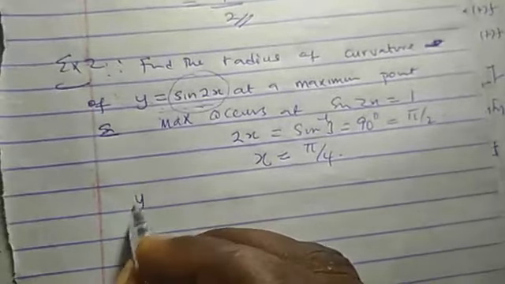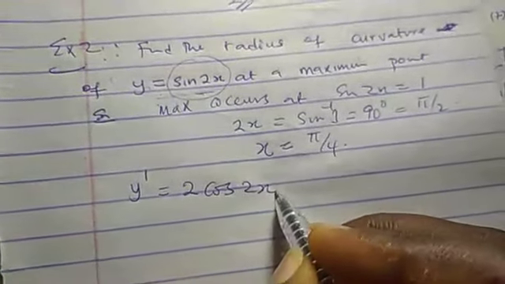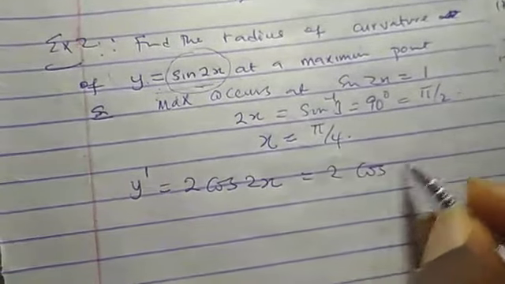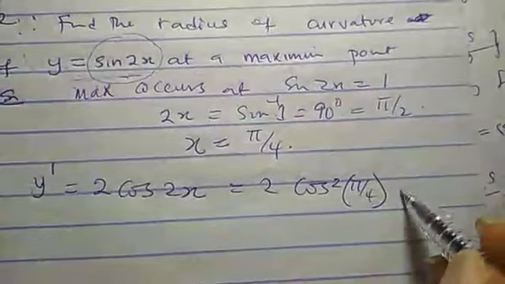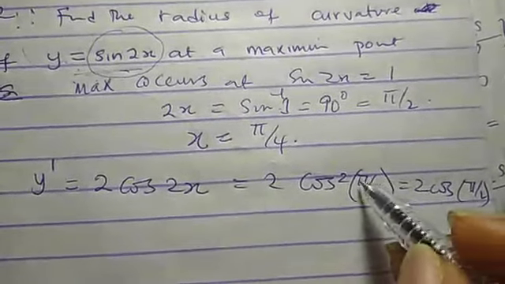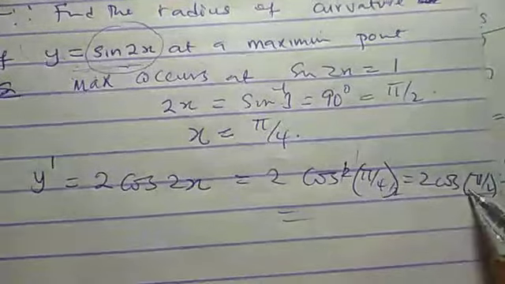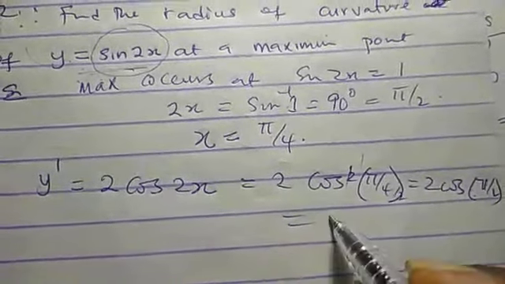Now, how do we do it? We differentiate once. If I differentiate this, I will have 2 cos 2x. Then I'll put this value there, which is 2 cos of 2 times pi over 4. This will give me 2 cos pi over 2, because the 2 cancels the 4 partly. Cos pi over 2 means 90 degrees, just like what we have here, but cos 90 is 0.